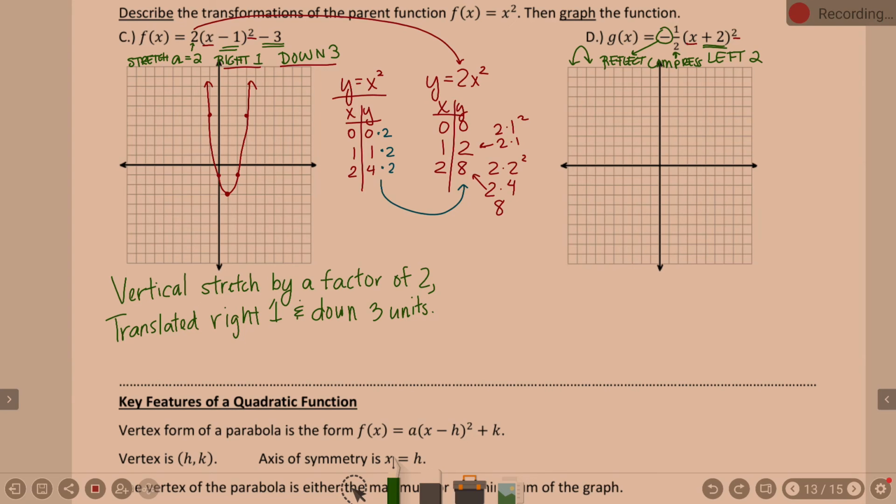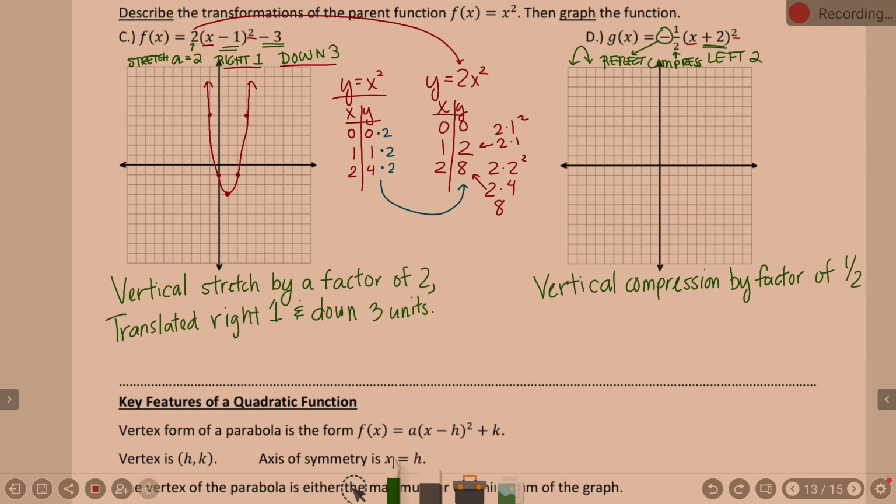Okay. So we've got to have all the pieces here. Now I'm going to put it in words: vertical compression. And why was this a compression? Because 1/2 is between 0 and 1, right? So vertical compression by factor of 1/2.